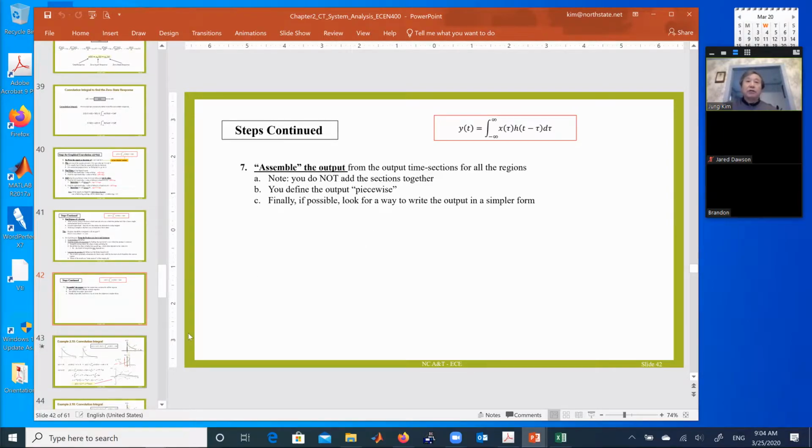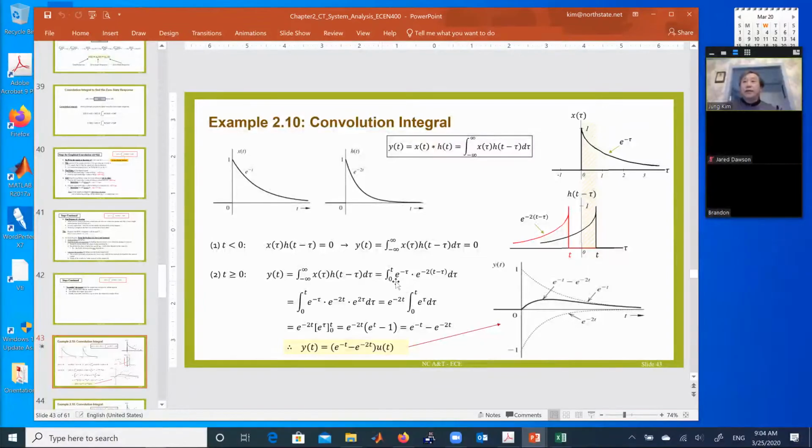Okay, so last time what we did, you can see, right? So this one. First of all, suppose x of t and h of t are given, the same function actually. Either way, one of them you select and flip. So in this case x of t is just changed to the tau domain: e to the minus t is changed to e to the minus tau.